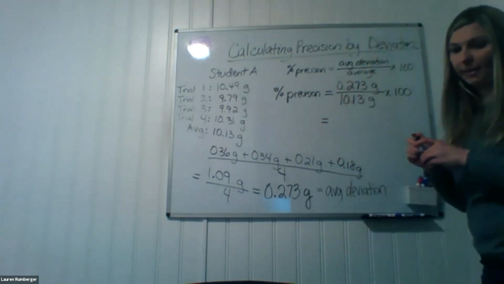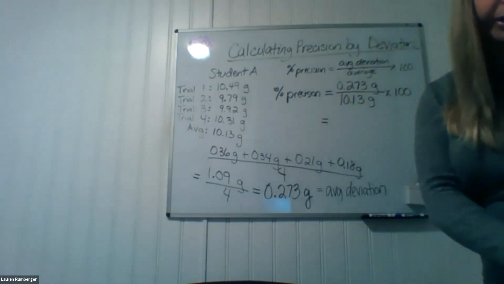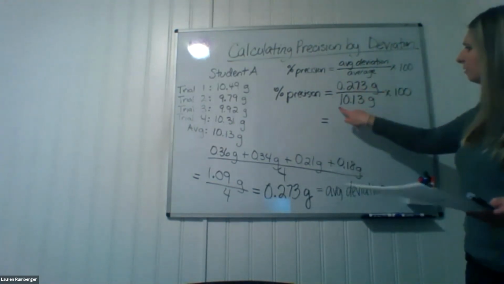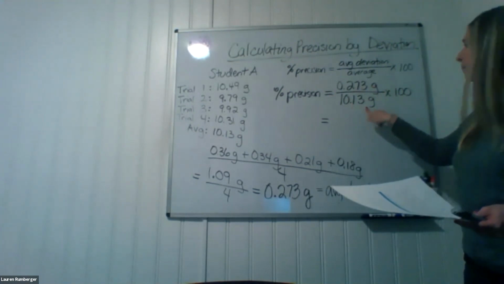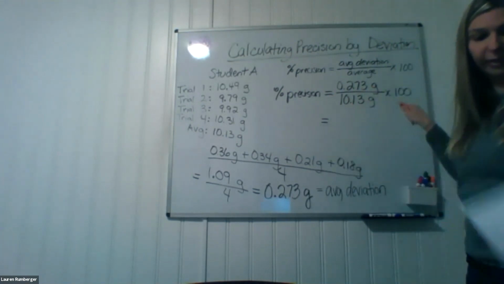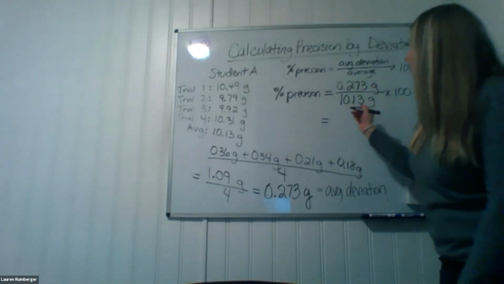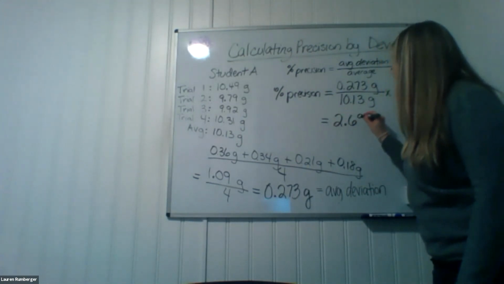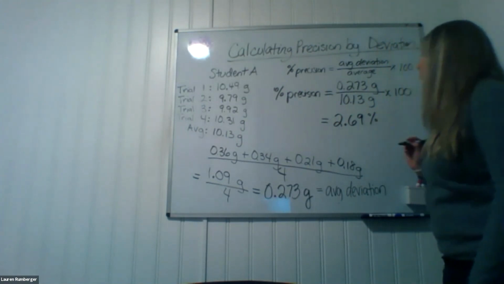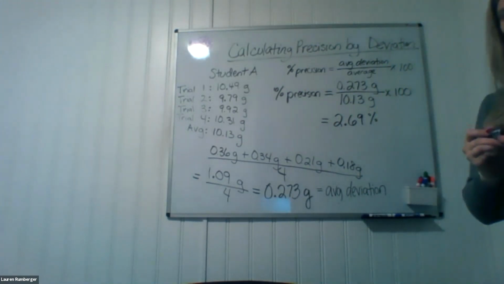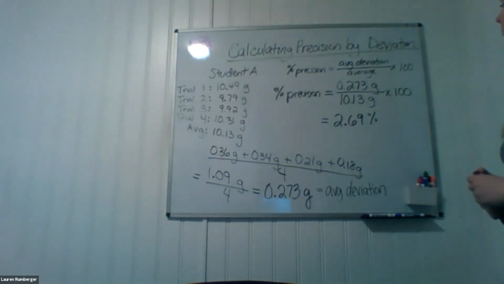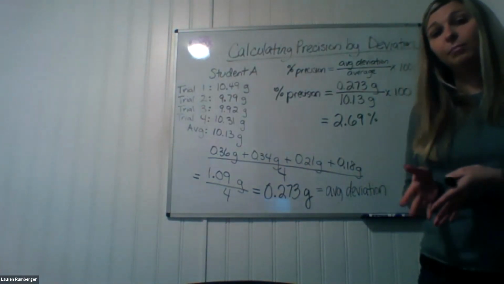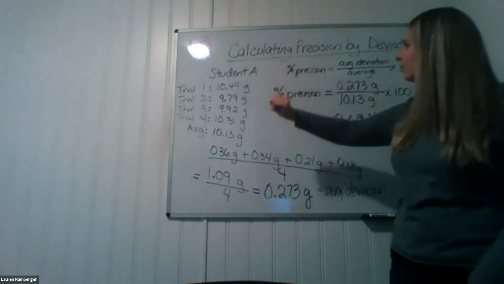When we do this math, you put this in your calculator by taking the 0.273 divided by 10.13 times 100. What you should get in your calculator, you will round to 2.69%. Okay. And now that's for calculating the percent precision of student A.